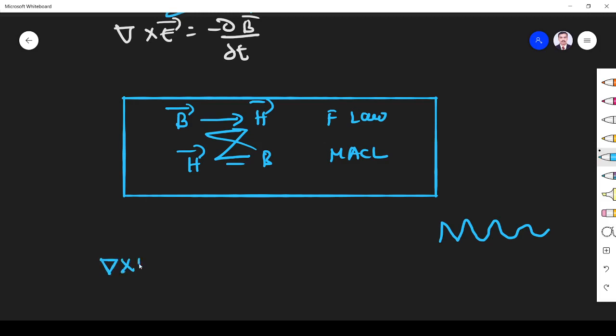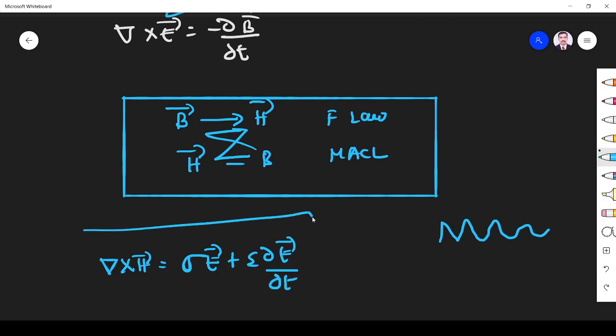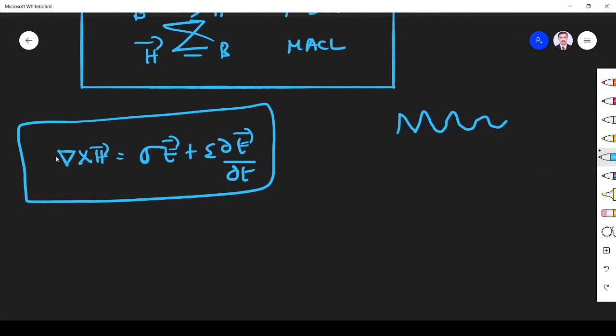Del cross H is equal to sigma E plus epsilon dou E by dou T. This is the point form of the modified Ampere circuital law, right? Because it is involving del or differential form. Now we find the integral form. Integral form is given by, as usual, we take from Ampere circuital law.